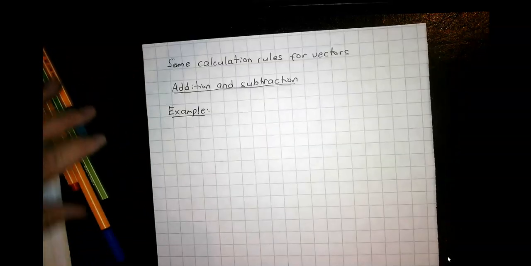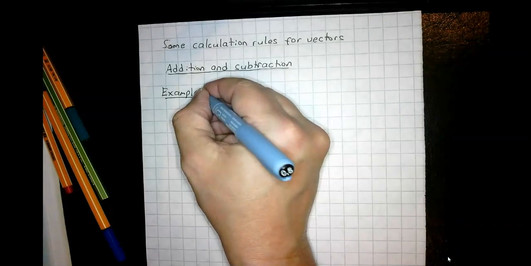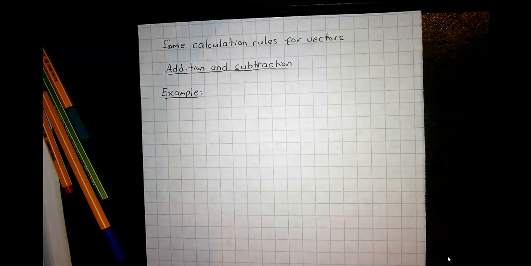These are very, very easy rules, and I think most of us, if we had not been taught how to add vectors or subtract vectors, I think we could invent the same rules. Those are very, very easy to understand.